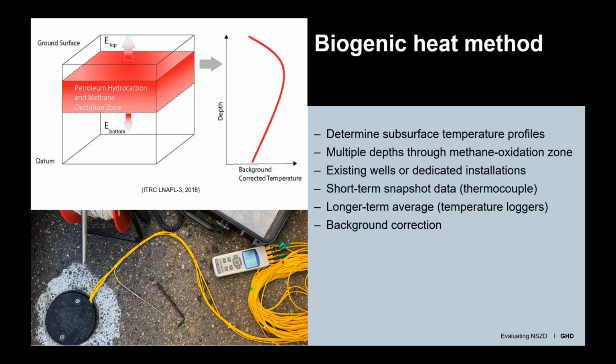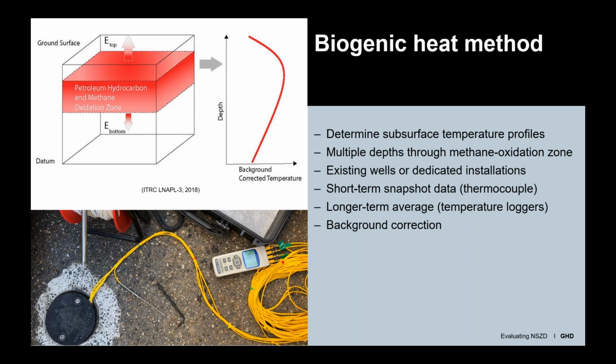At sites where you may not have an accessible background area, with this method you can model subsurface background temperatures and use that as your correction factor, and I'll show you an example of that. For these measurements, thermocouples are one option that will provide a snapshot of the NSZD degradation rates, working in existing wells.